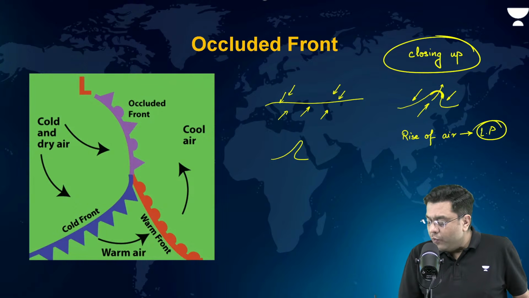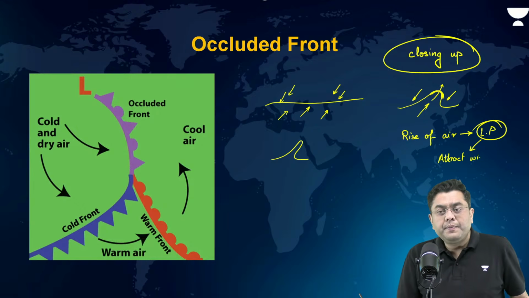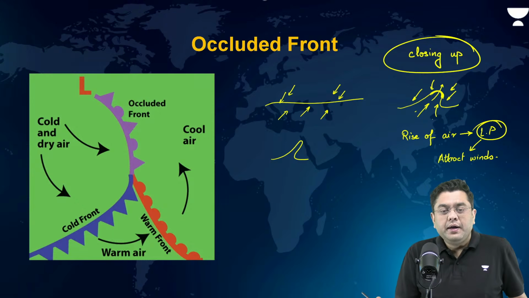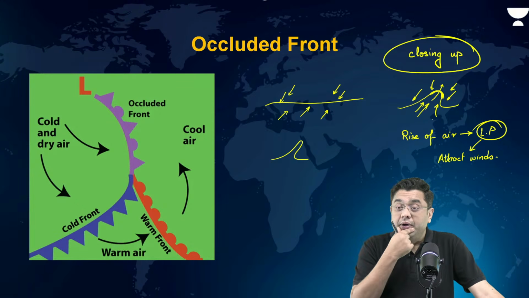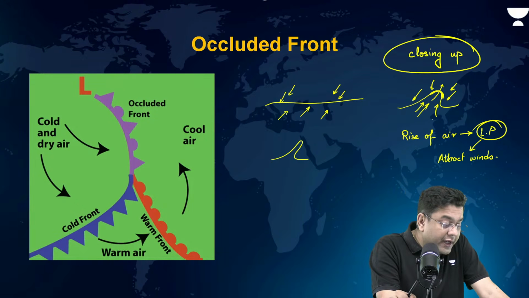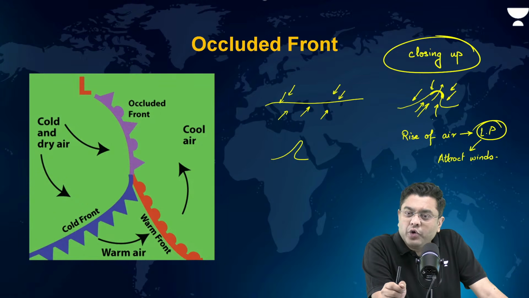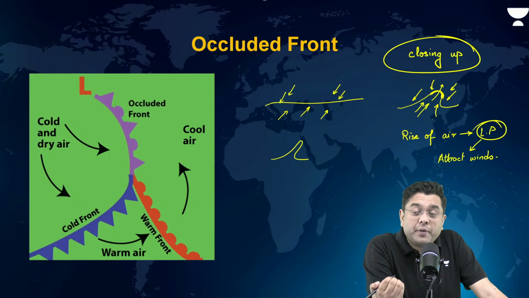It will attract winds from all the regions. So you will have cold winds also coming from this region, warm winds also coming from this region. But on the ground, which wind will remain out of cold and warm? Which wind will stay on the ground? Always it will be cold air, because cold air is heavy. It sticks closer to the ground. Warm air is light. It will get uplifted.